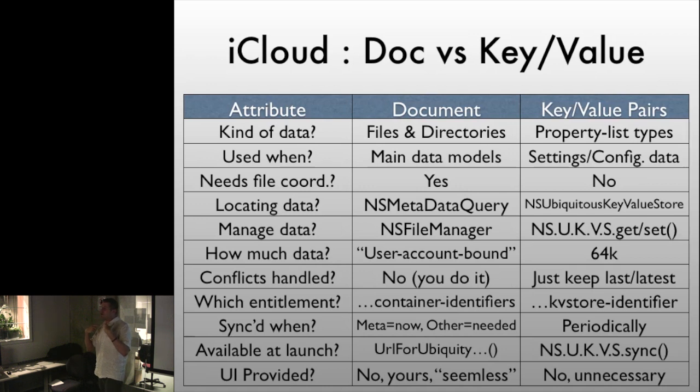You give it a known path, and you say give me the URL ubiquity identifier for this file, and if the file exists and iCloud is available on that device, then you will get back a valid URL. If it doesn't, whether the file doesn't exist, or iCloud isn't enabled on that device, or the user doesn't have an iCloud account, you'll get back a nil or a null value.